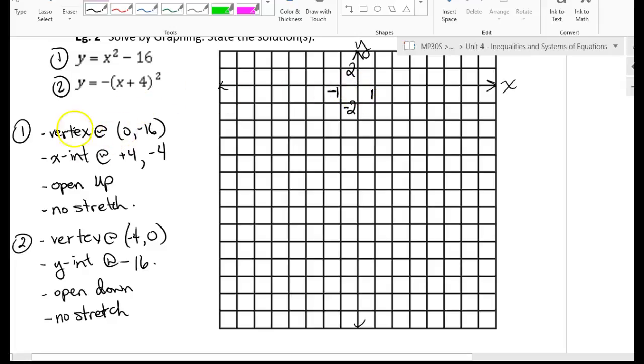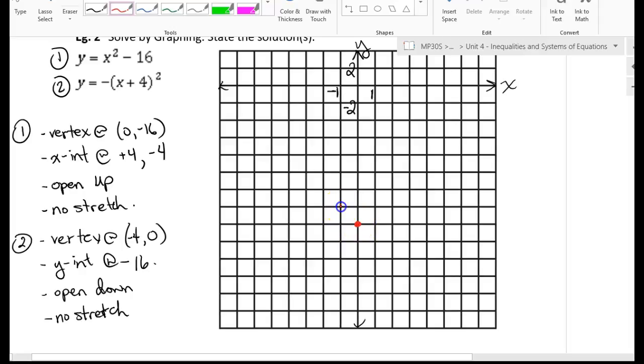So here we go, graphing equation number 1. I'm going to put my 2, 4, 6, 8, 10, 12, 14, 16. My vertex is at 0 and negative 16.